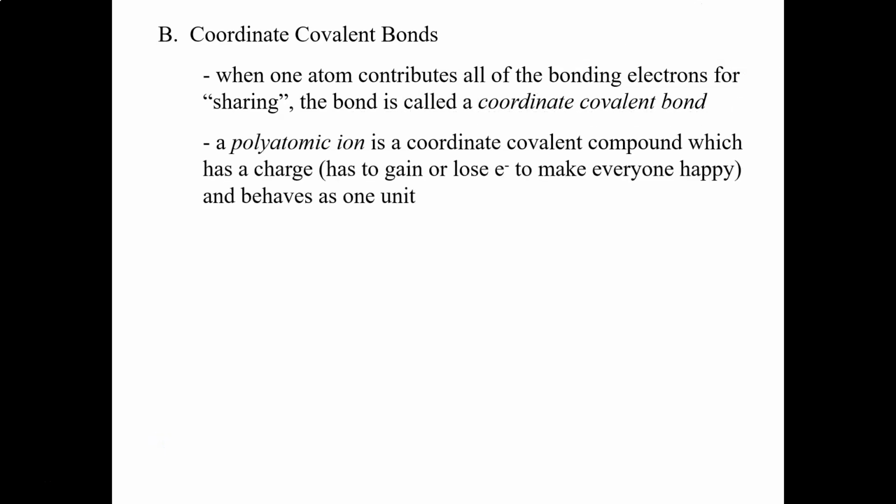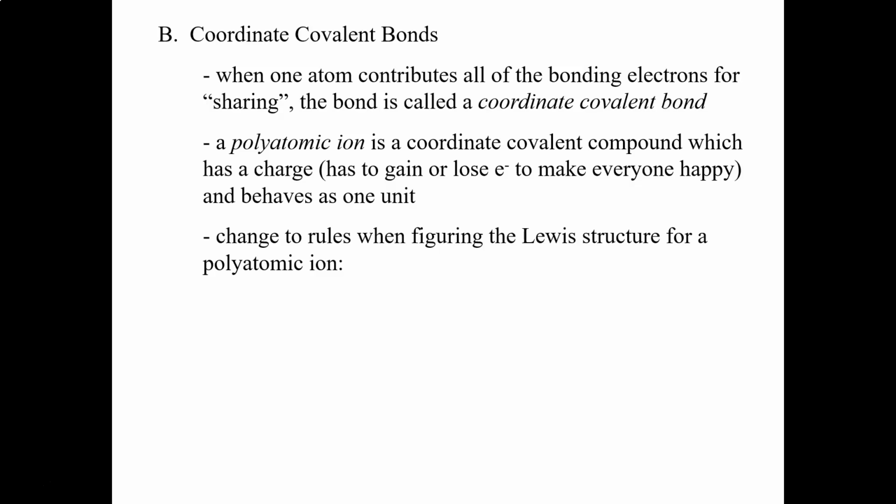Now, why is that important? Because it turns out that polyatomic ions are actually coordinate covalent compounds that have a charge. So in other words, they're a group of atoms that all got together to share their electrons, and then they either realized that they had too many electrons and they got to give some away, or they didn't have enough electrons when they all started sharing with each other and they had to gain some from some other element out there.